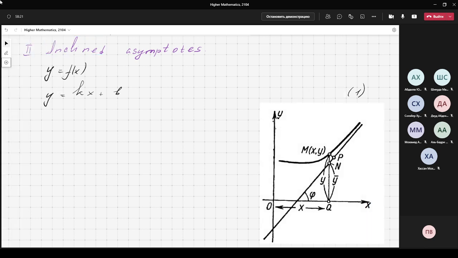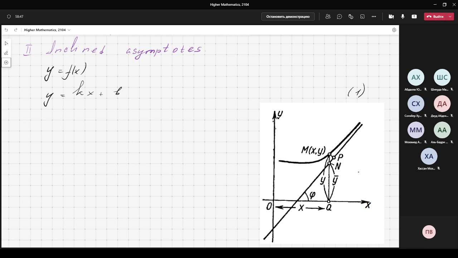Let M of x, y be a point lying on the curve and N of x, y with the upper line, a point lying on the asymptote.